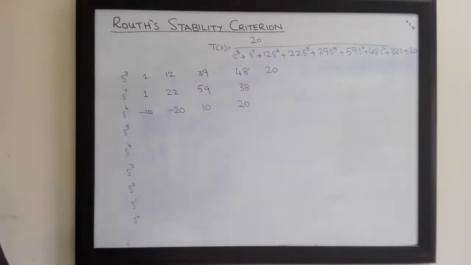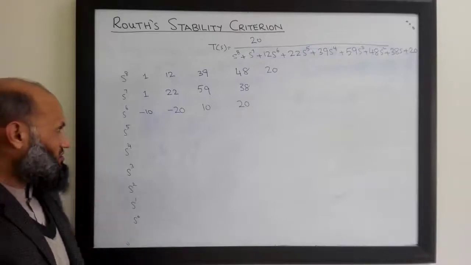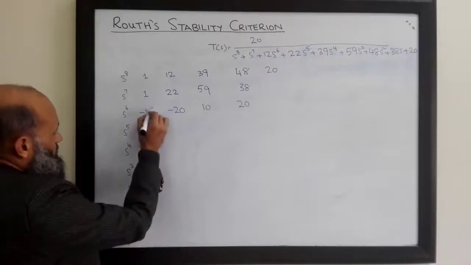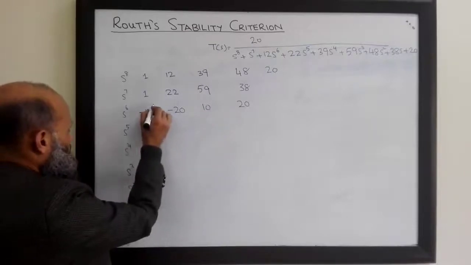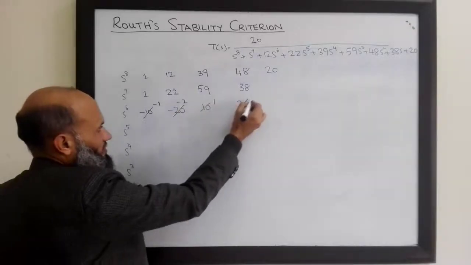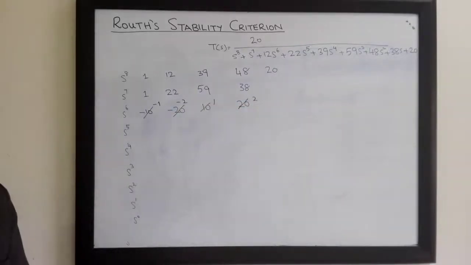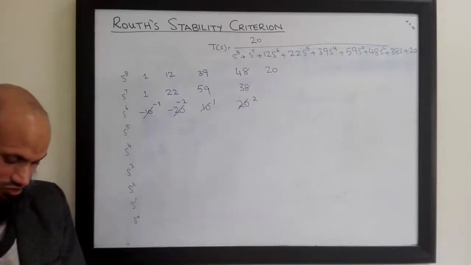You remember that we can divide an entire row by some positive constant. So here, dividing this row by 10, we get minus 1, minus 2, 1, and 2. The only reason to make this division is to get smaller numbers, which will be easy to handle.